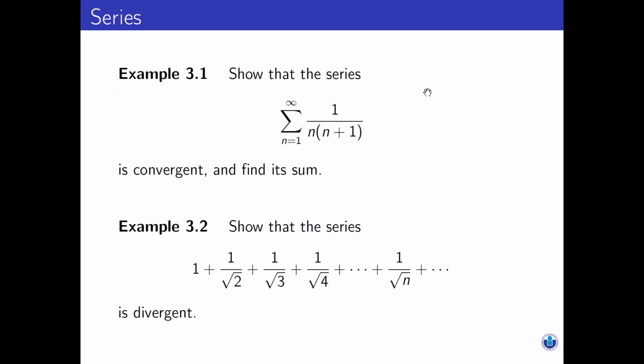Let's try to compute this series by computing the partial sum. So let's take S_n, then you change this from 1 to n. Try to find a formula for this partial sum S_n. Okay. When you finish, let me know.